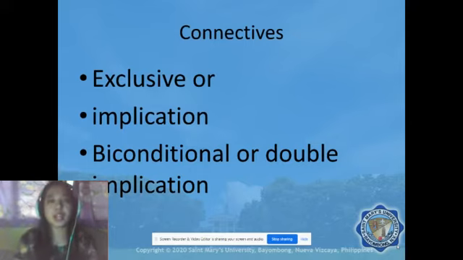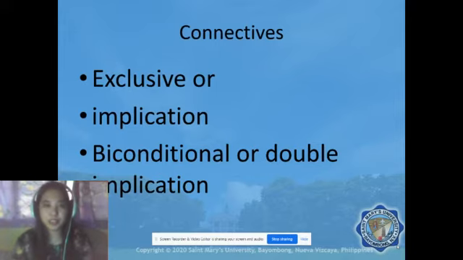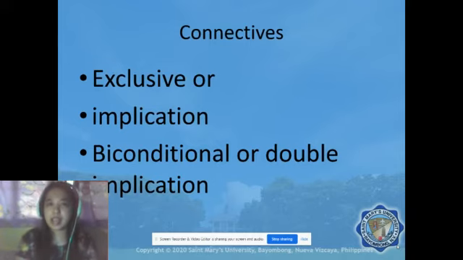For conjunction, the rule that we need to remember is that if both propositions are true, that's the time that P and Q will be true also. While if our two propositions are both false, that's the time that P and Q is also false.